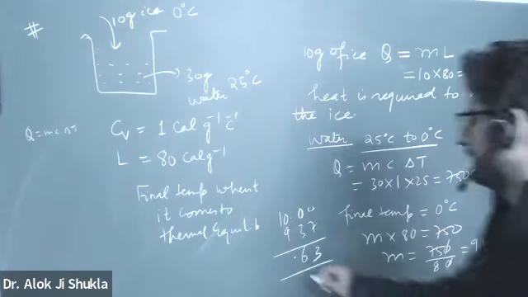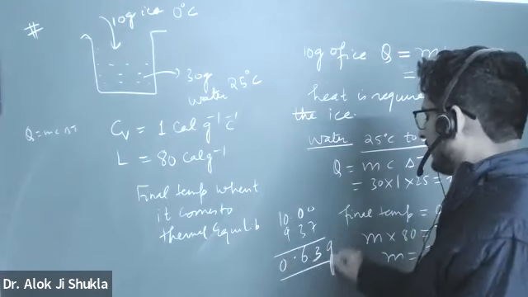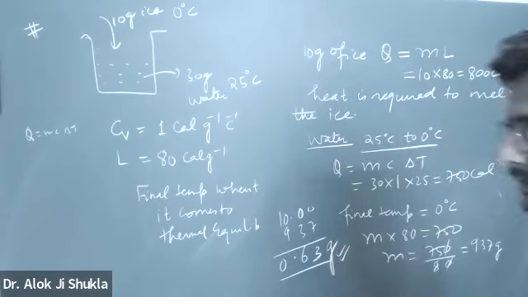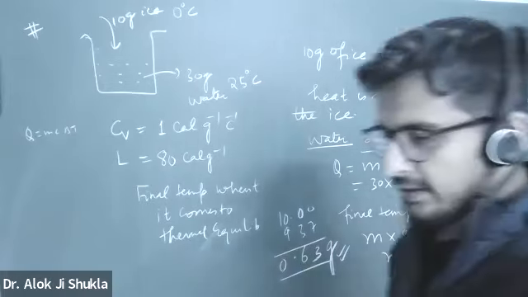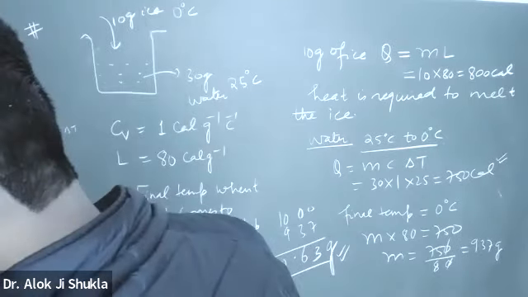So 0.63 gram of ice will not get melted. So obviously when ice is there, the temperature will be 0 degrees Celsius. Is that okay, everybody?